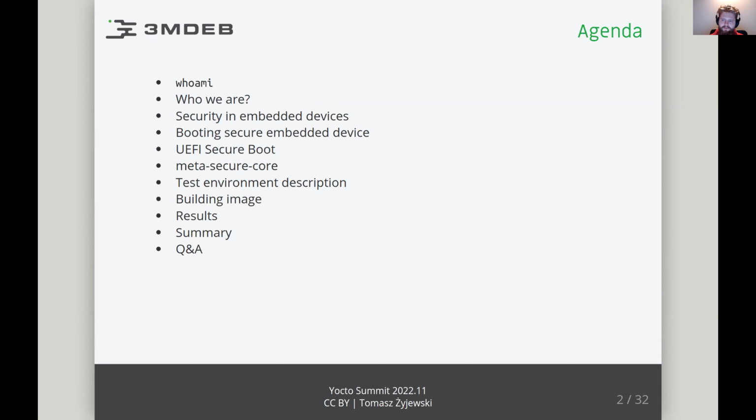So the previous slides will introduce us to the main part of this presentation, UEFI Secure Boot. After 2 or 3 slides in which I'll try to explain what it is, what the goal of UEFI Secure Boot is, and provide a description of some UEFI variables, we'll get into the Meta Secure Core Yocto layer, which provides this functionality to the Yocto project community.